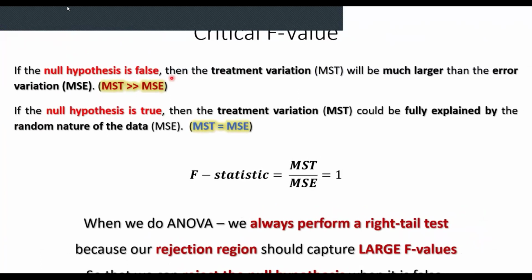Remember, when the null hypothesis is false, we are going to have a large F value, and that large value should fall into our rejection region. So if you're looking up the critical F value for ANOVA analysis, you're always going to do a right tail test, because that aligns with our null and alternative hypothesis.